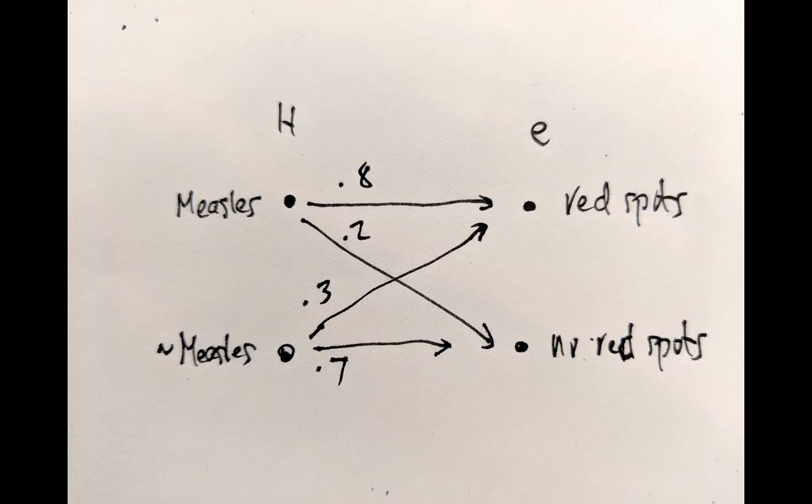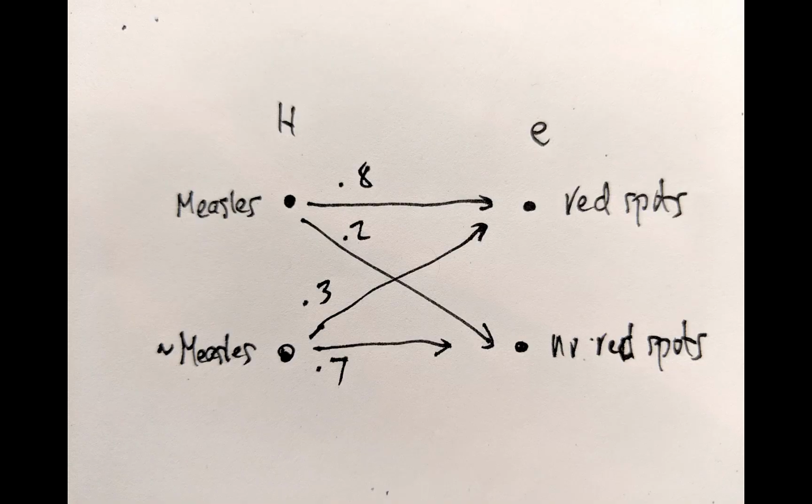That's kind of an exaggerated number, but let's just imagine that when you don't have measles, 30% of the time you can get red spots. You can get red spots from razor burn, or from all these different things that are not measles. But the point is that the set of things called not measles we're treating as a kind of hypothesis, and as such it has to have a set of outcomes that sum to 1.